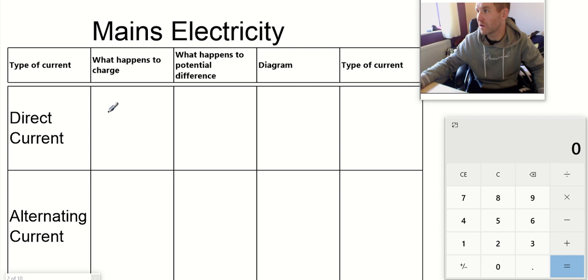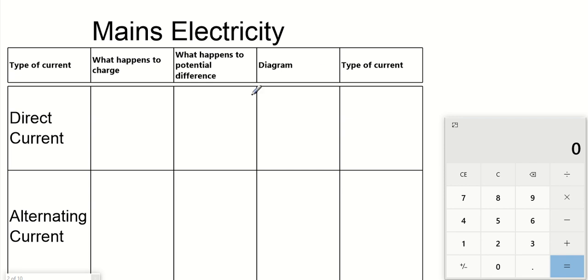So direct current. What happens to the charge in direct current? It only goes in one direction.